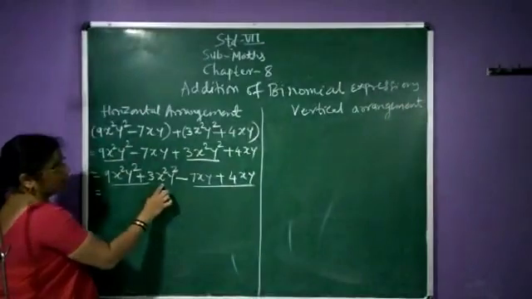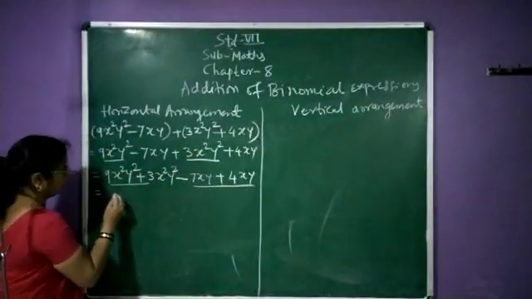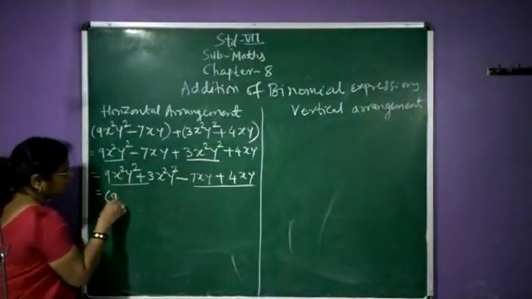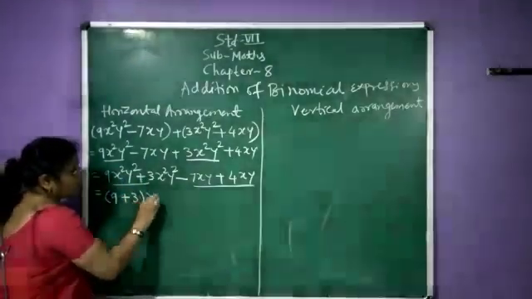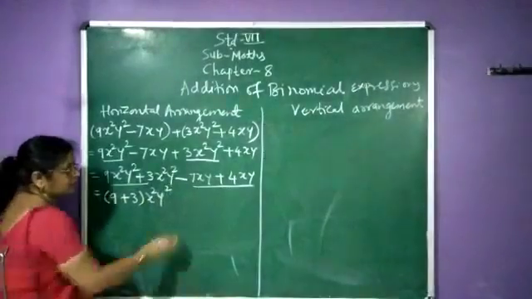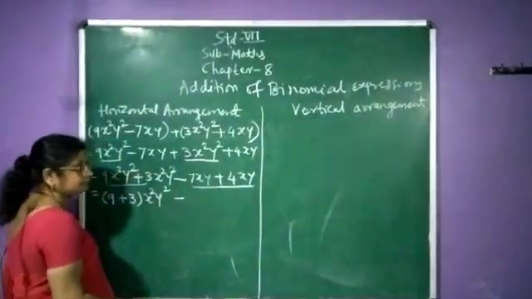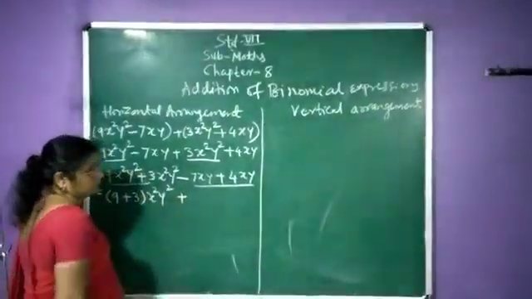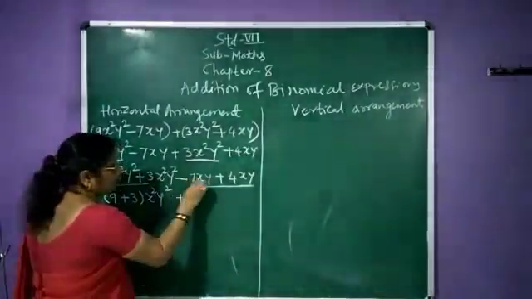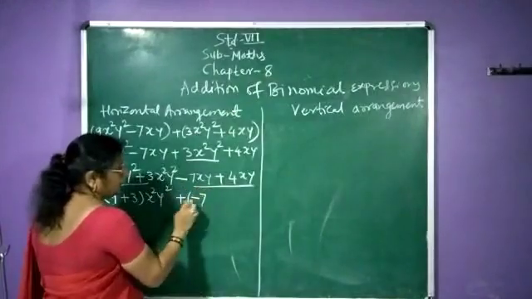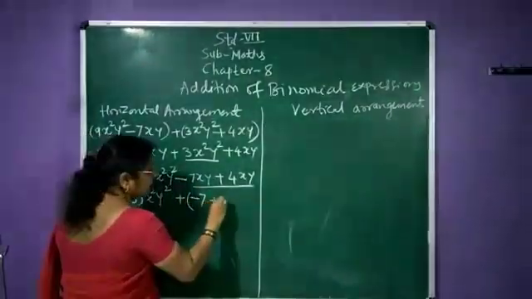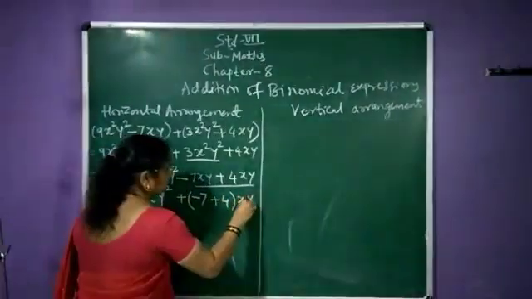These two terms are like terms, these two terms are the same. So (9 plus 3) outside the bracket x square y square, and minus 7 along with the sign plus 4 into xy.